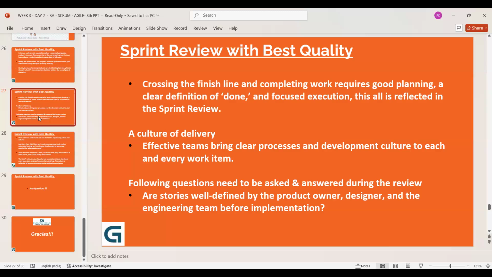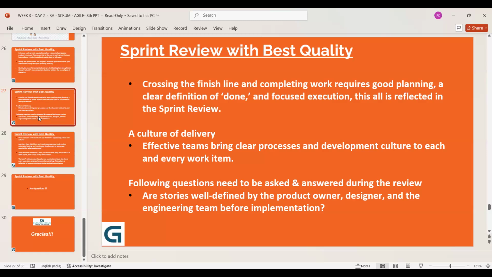So when we are saying a culture of delivery, it means as a team, we should strive to finish the work. We should strive towards delivery. We should not be complacent with only our part, that okay, we have developed and we are focusing on the technical aspect.